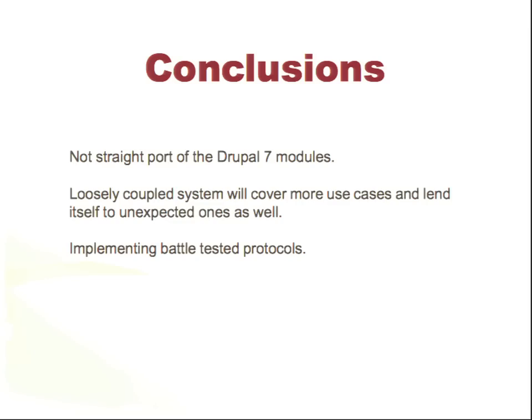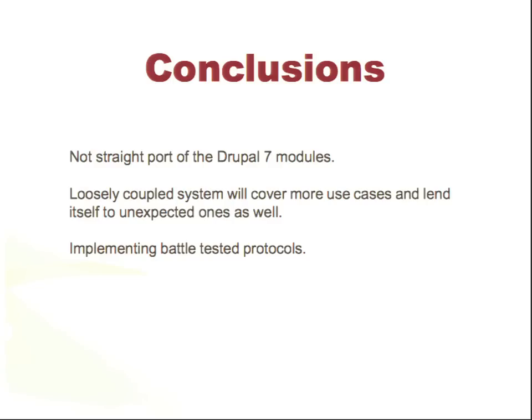So I'm going to jump straight to some conclusions here. As we can see, the stack that I've presented here is not a straight port of the Drupal 7 modules. We've taken a lot of concepts and we improved on them and made them fit better for how Drupal 8 is doing things. And we're going to provide here a very loosely coupled system that will cover more use cases.